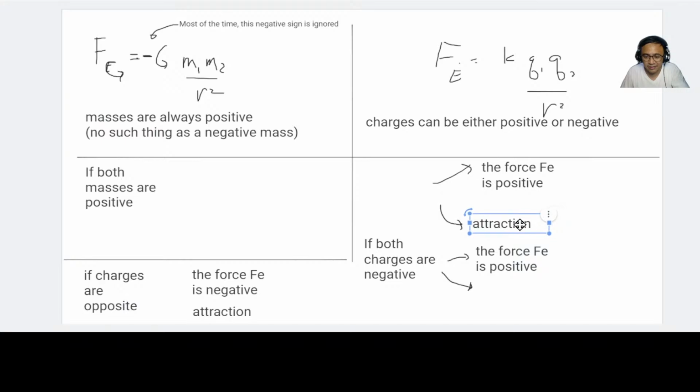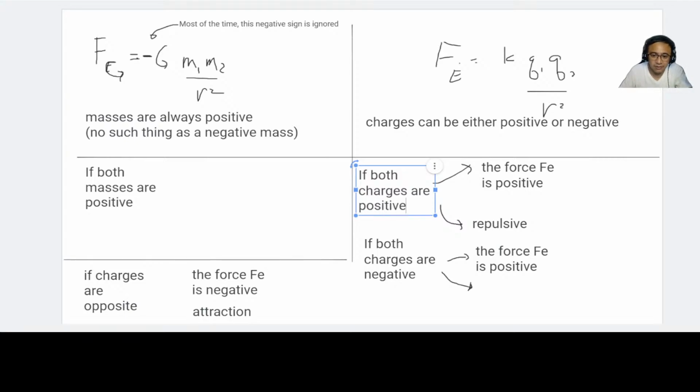Two masses put together will attract each other, right? So if both masses attract each other, it's going to be attraction.